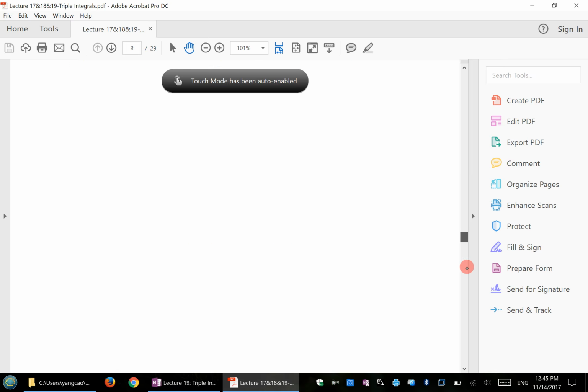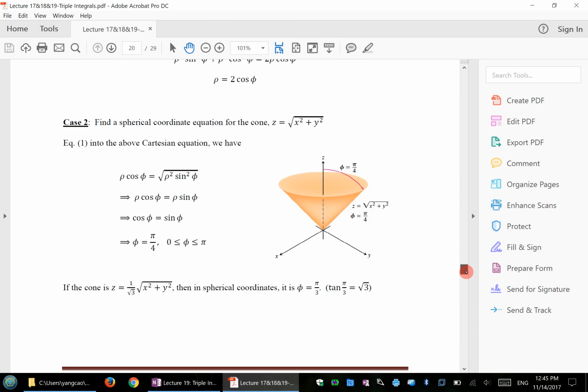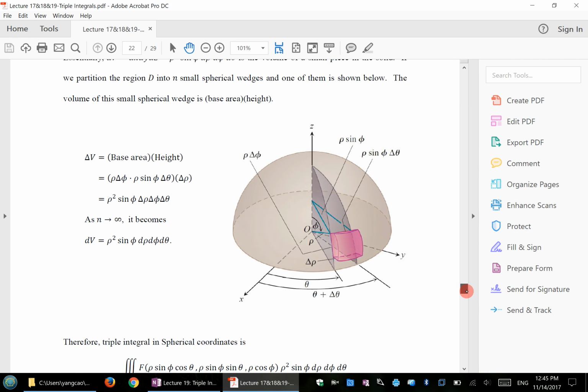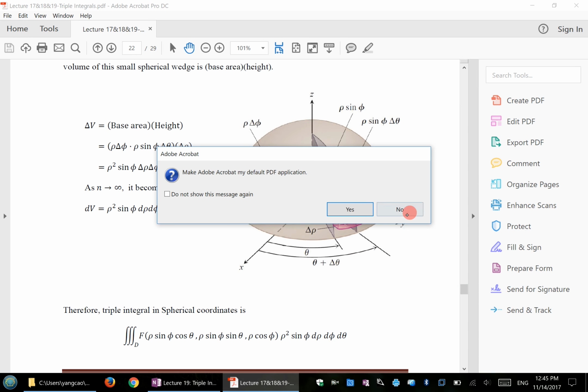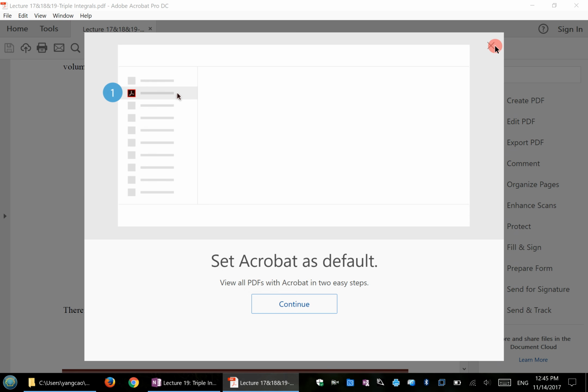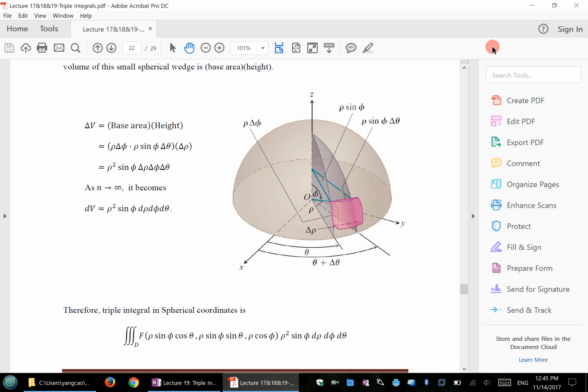You can try to create a very small differential volume in the direction of the spherical coordinate axes, and then find that small volume.